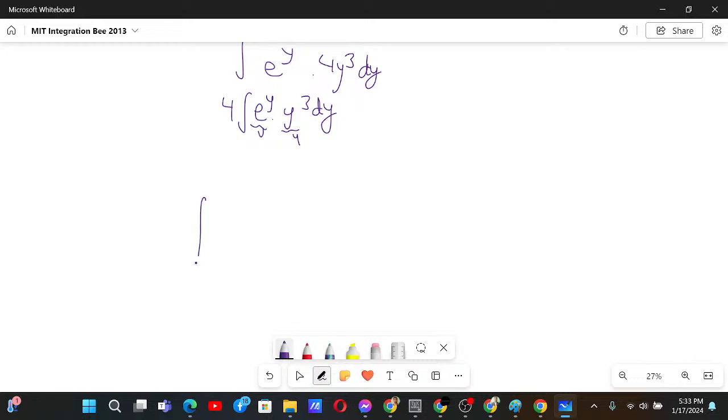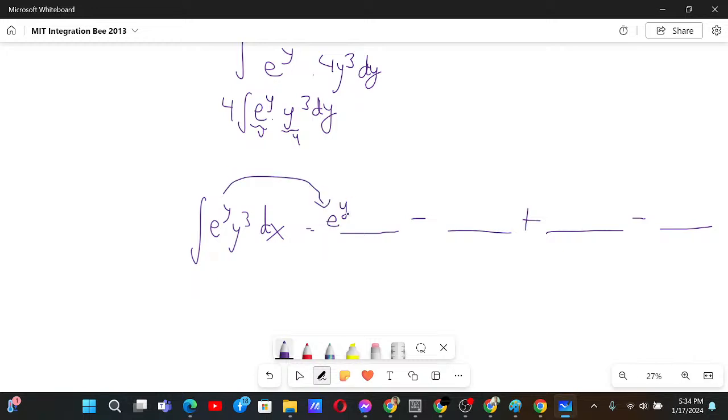So if we have to integrate e to the power y times y cubed dy, first of all there's a minus sign, and I want you to explore how this works from the integration by parts itself. It's not that hard. So we just write alternating signs first. Now, write this as it is, e to the power y.